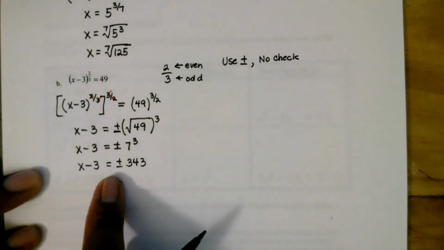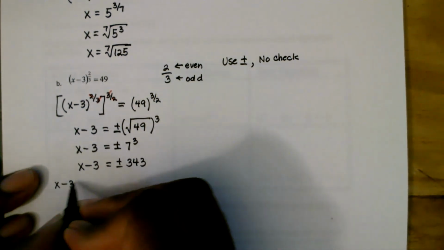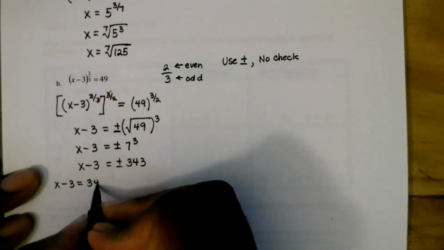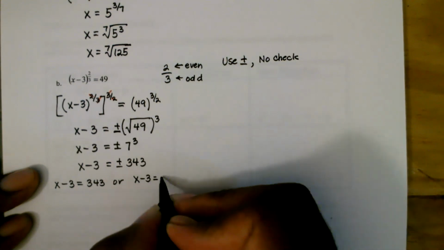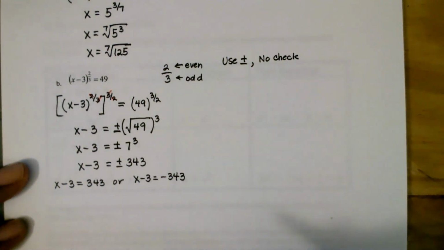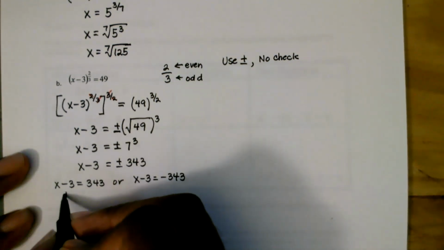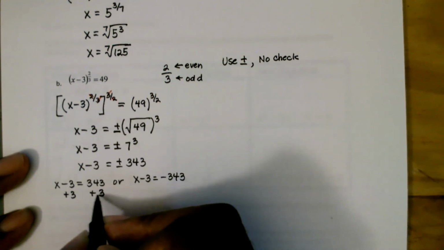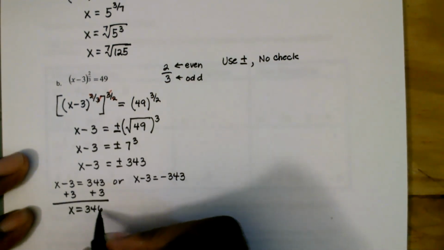Now that plus or minus means I got two equations. One of them would be x minus 3 is equal to positive 343, or x minus 3 is equal to negative 343. Now to get x by itself, we're going to add 3 to both sides on this first equation. That would mean x is equal to 346.